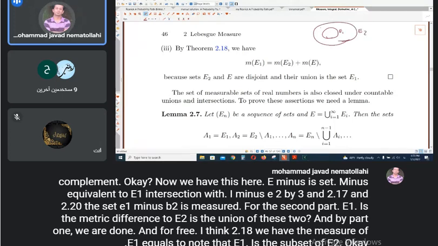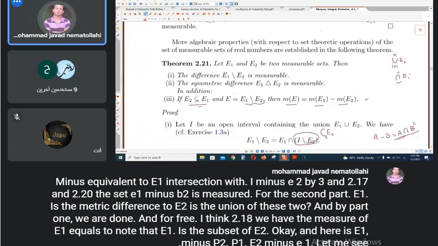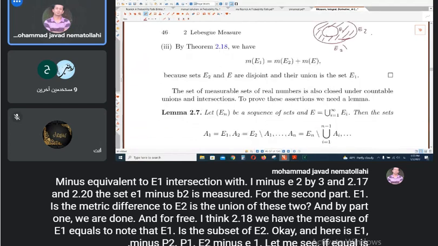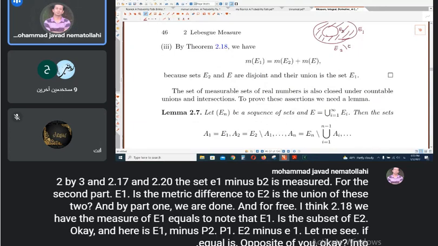Okay, and here is E1 minus E2. E2 minus E1. Let me see, if E2 is a subset of E1, E1 minus E2 equals E.